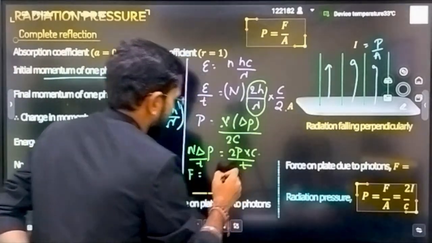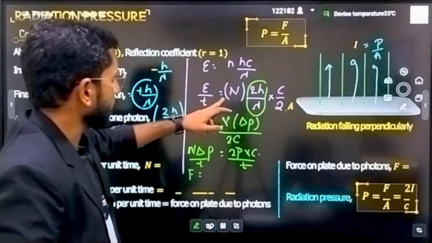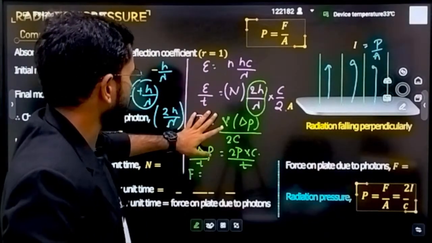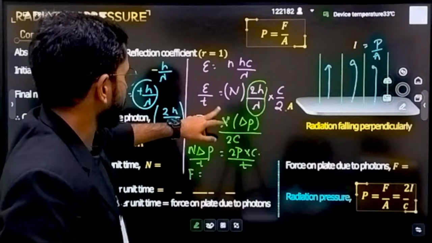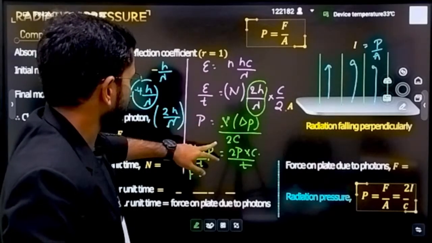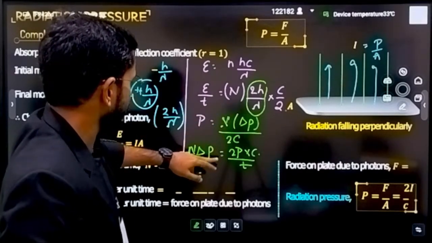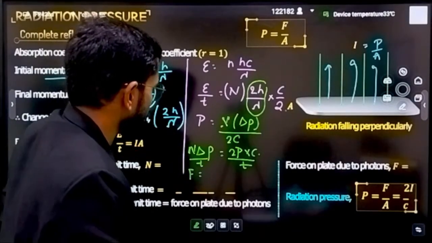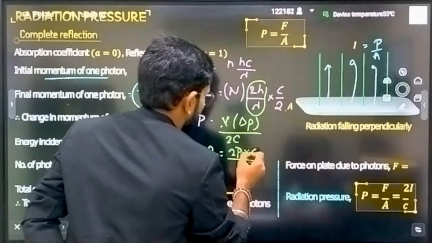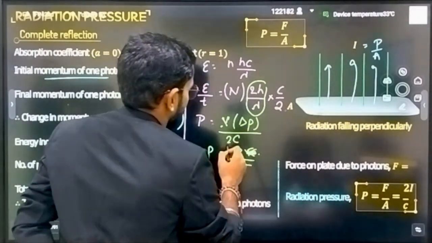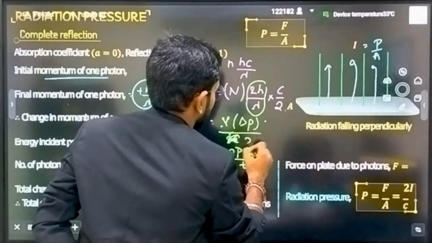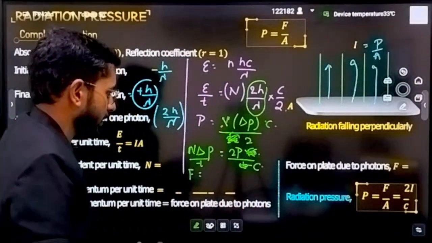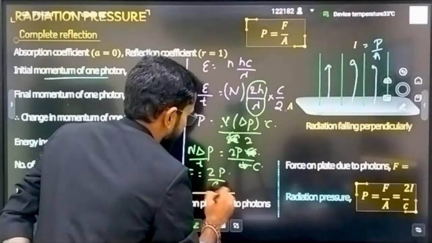Somewhere if I am making any mistake, check it again. 2h by lambda I have taken here, and hc by lambda divided by t, correct. So force you will be having 2p. Now here it will be having 2 and here it will be having c, that means 2p by c, so force will be equal to net 2p by c.